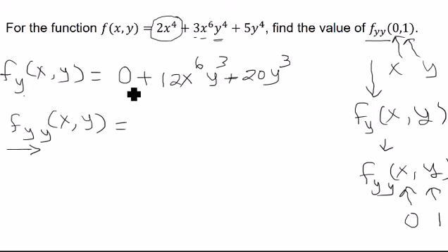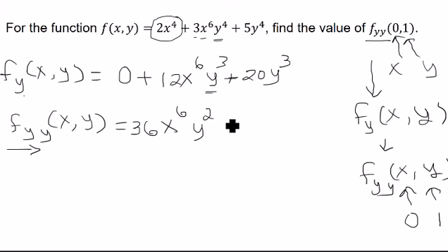So of course the 0 is going to disappear, and the 12x to the 6y cubed is not going to disappear because that contains y. So we're going to have to differentiate y cubed, keeping the other things as they are. Now y cubed, when differentiated, becomes 3y squared. That 3 in the front will multiply 12, so that's going to be a 36 x to the 6, and then y becomes 3 minus 1, which is a 2.